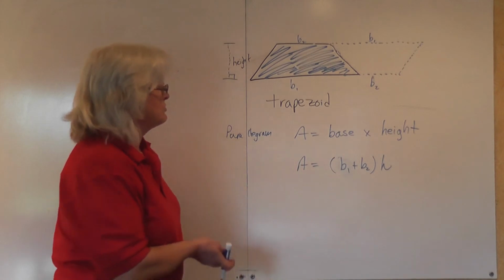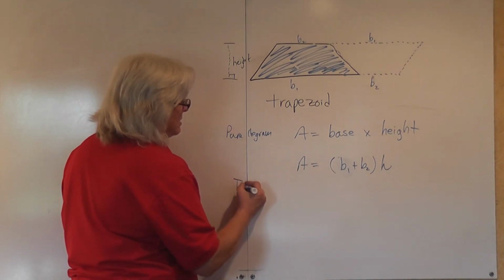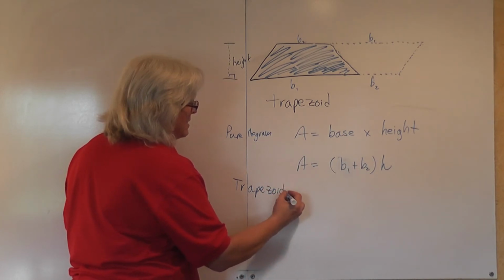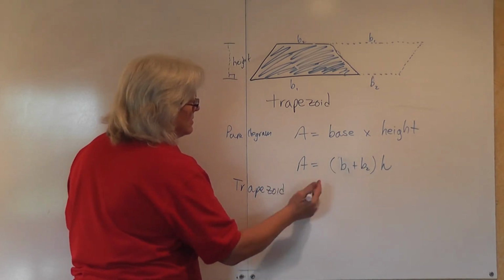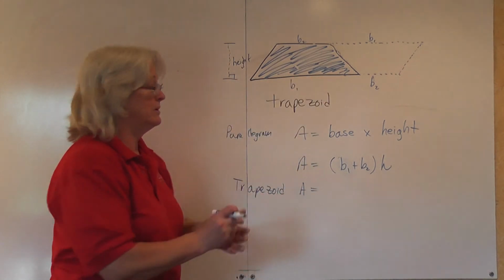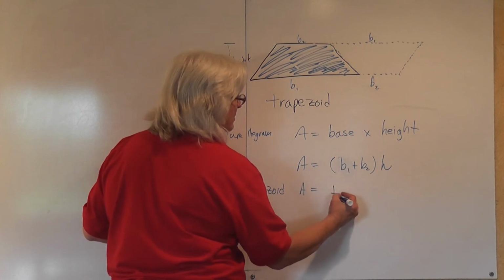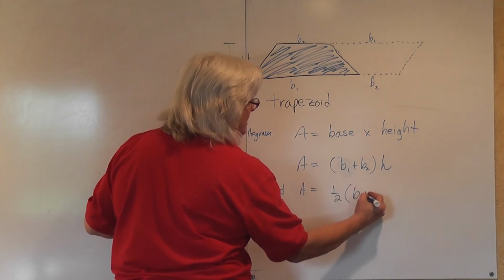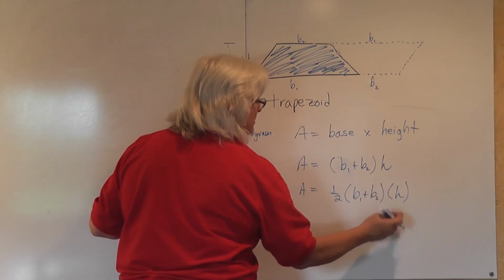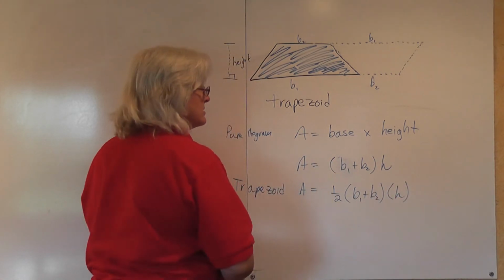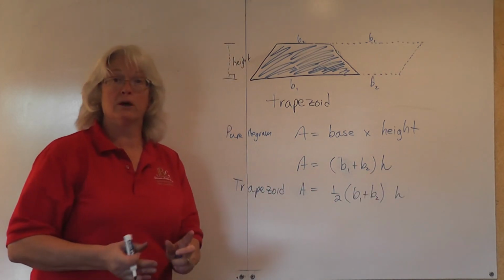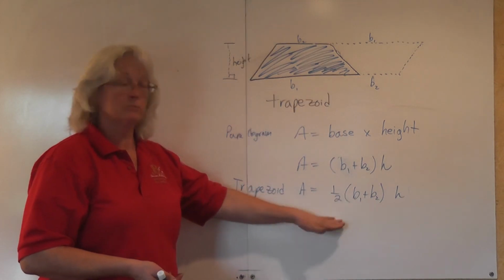So the area of a trapezoid is 1/2 the area of this parallelogram. It's 1/2 the sum of the bases multiplied by the height. You don't need that h in parentheses. You must memorize this.